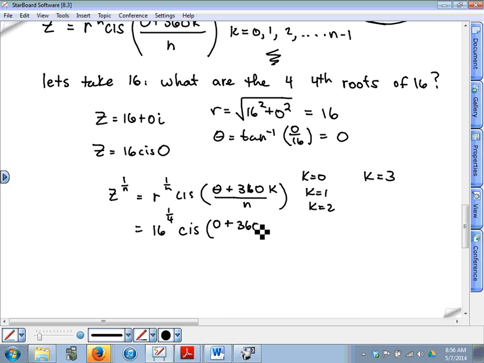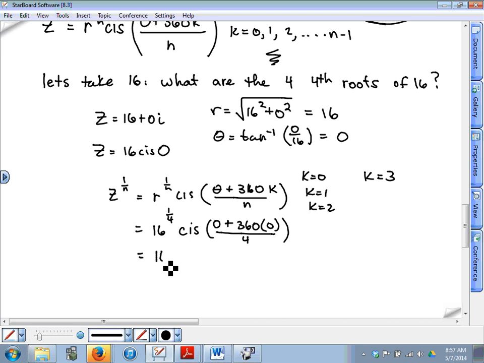So this first time around is going to be the k equals 0 case. And what is n? If we're taking the 4th root, then what is n? 4. Yep. 0 plus 0 divided by 4 is 0.